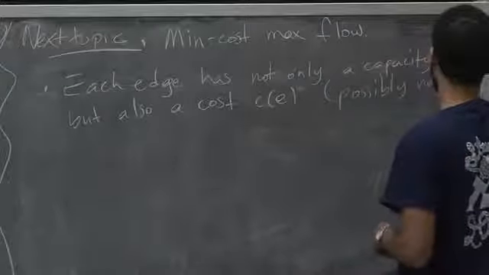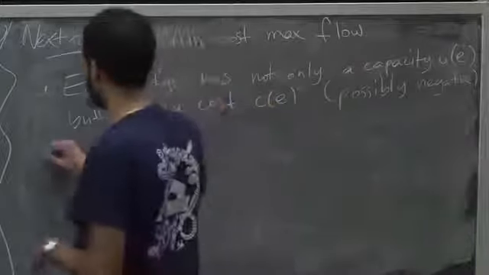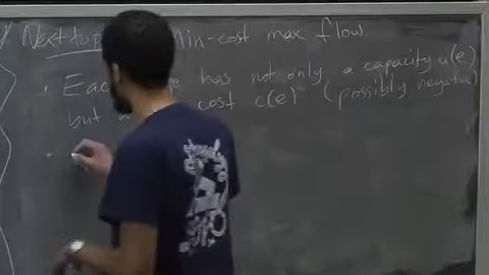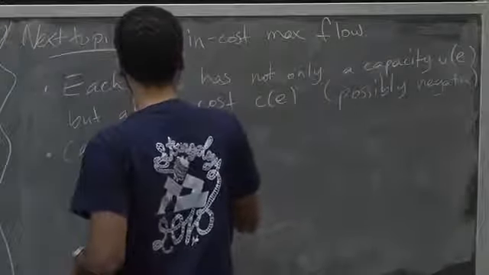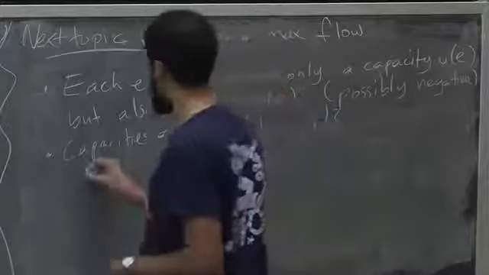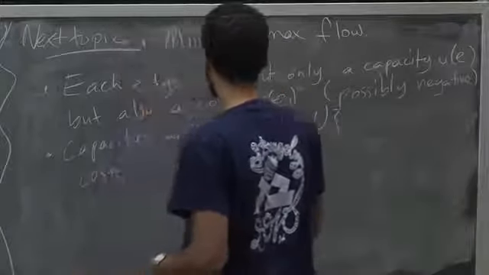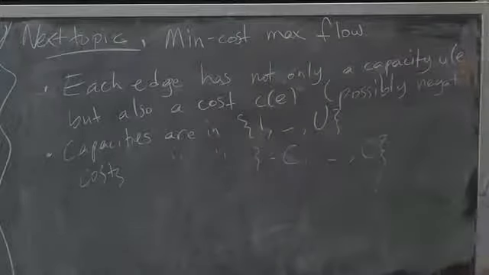So it's any real number, let's say. Actually, let's just write that capacities are in 1 up to capital U, and costs are in minus C up to C. So let's just say they're integers from minus capital C to capital C.